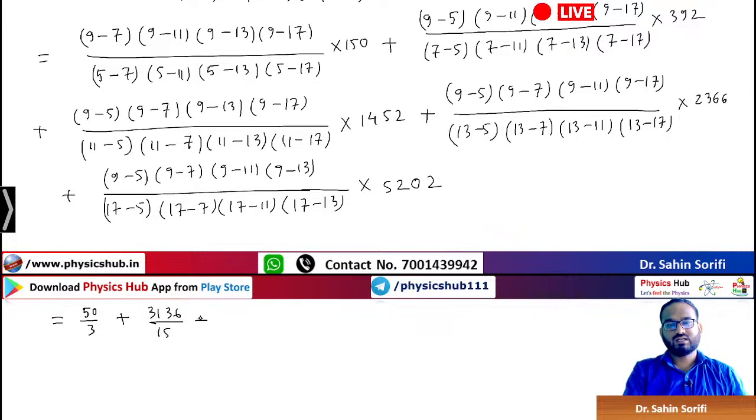Now calculators are allowed, so you don't need to worry much. It is just a matter of time. It will take a little bit of time, so you can do it at the end, after maybe 2.5 hours of your examination. But this can give you 5 marks. So for 5 marks, investing 10 minutes also is justified. 810 will come.